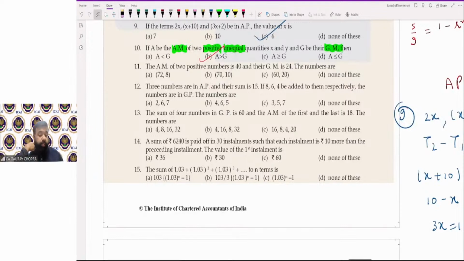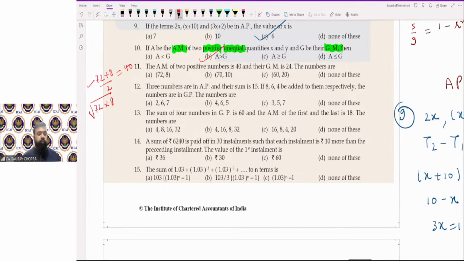So 40 is arithmetic mean and 24 is geometric mean. So 72 plus 8 upon 2 gives 40. So arithmetic mean is verified. Then geometric mean: 72 into 8 and then square root. So what will be the result?